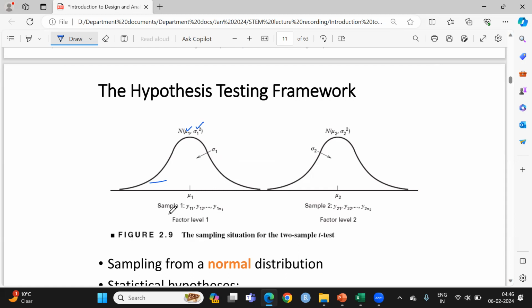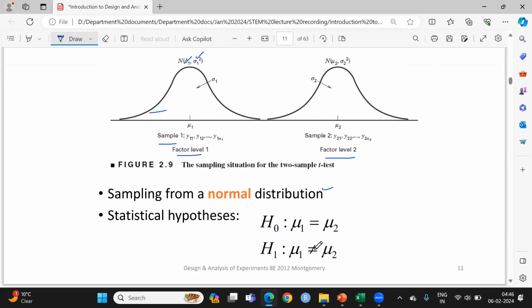As already discussed, we have a sample corresponding to this factor. In our case we can assume that the first is corresponding to modified and the second is corresponding to unmodified, or you can keep it as unmodified and modified. The first requirement is that data should come from a normal distribution, and we are making statistical hypotheses.